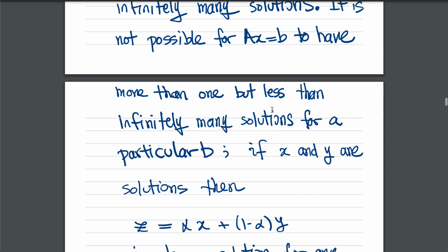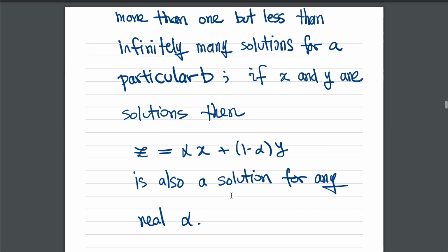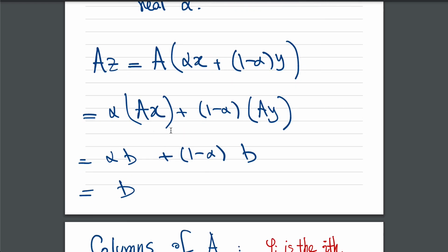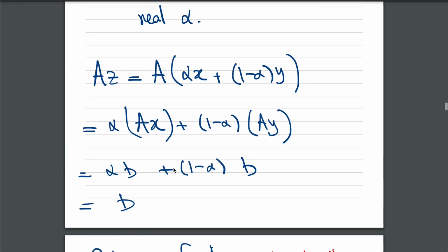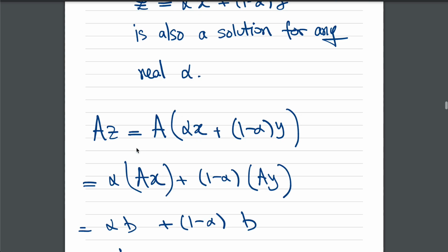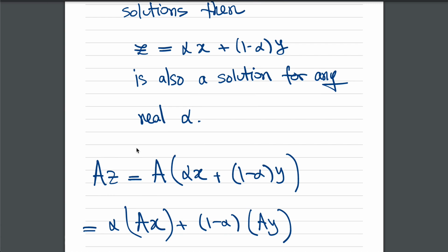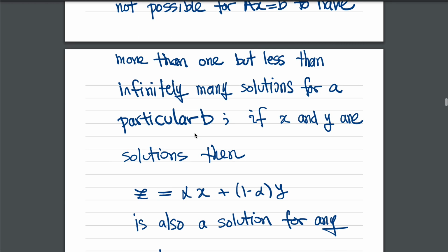Since X and Y are solutions, AX is B and AY is B. So you have alpha B plus 1 minus alpha B, which gives you B. Therefore z is also a solution for that equation. And since z can take infinitely many different values depending on what alpha is, there are infinitely many solutions for a particular B.